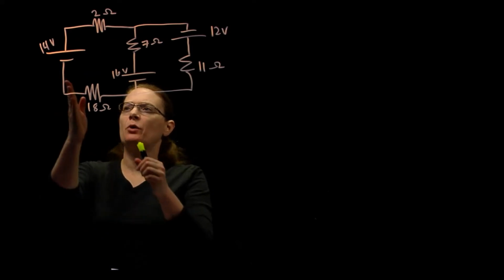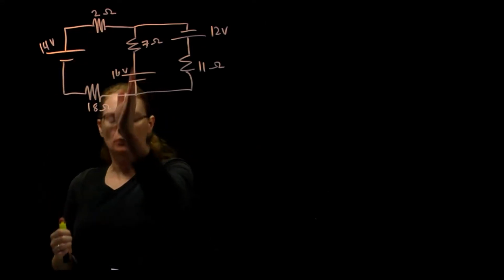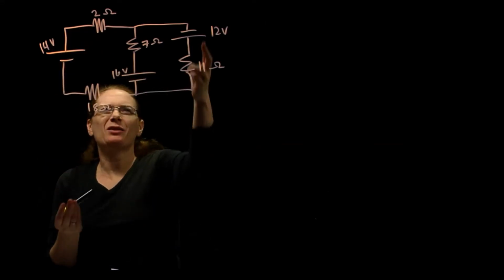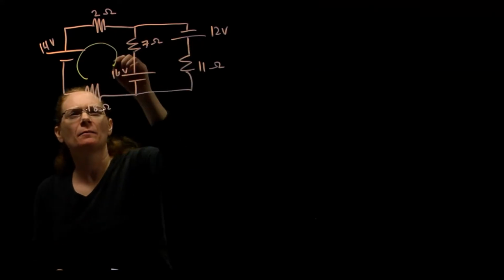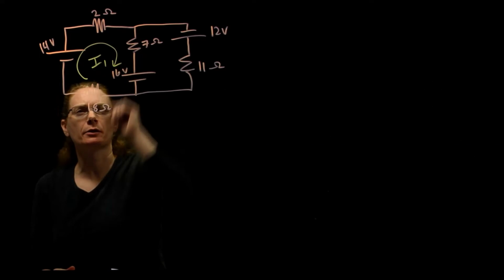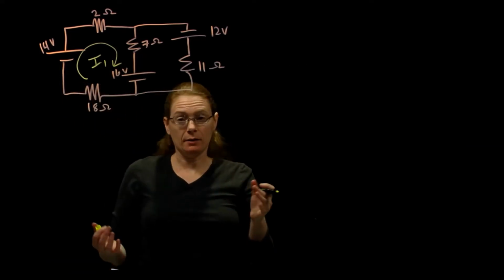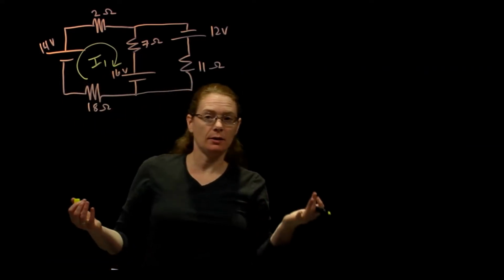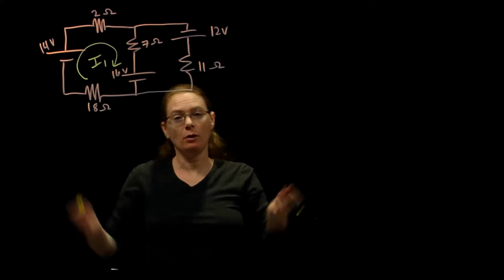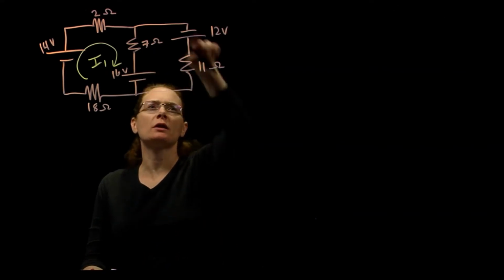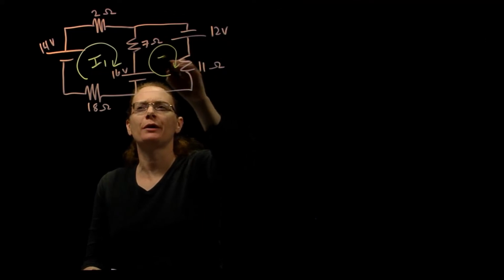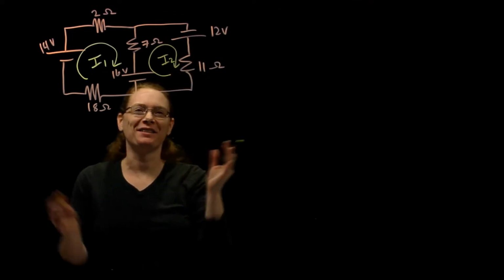So I'm going to guess 14 volts pushing this way, 16 volts pushing this way, but 12 pushing this way as well. For this loop, with 16 and 12, I'm pretty confident, but still, it doesn't matter if you guess wrong. You'll just get a negative sign at the end telling you it goes the other way.